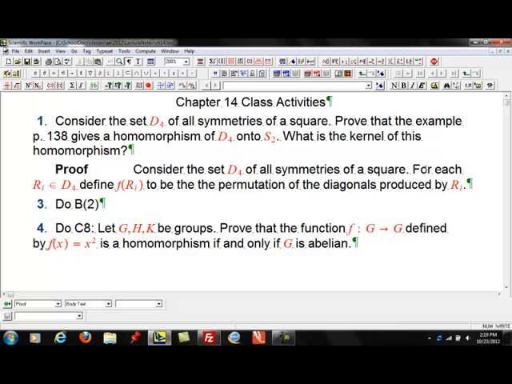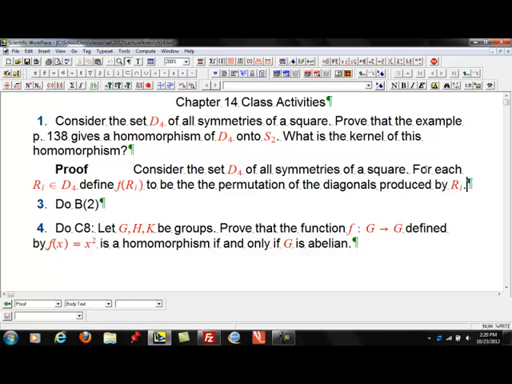So diagonal 1 goes to diagonal 1. Diagonal 2 goes to diagonal 2. So the first one interchanges diagonal 1 and 2, the second one leaves them the same. That's the only two options that we have for our permutations. It either interchanges the diagonals or leaves them the same.